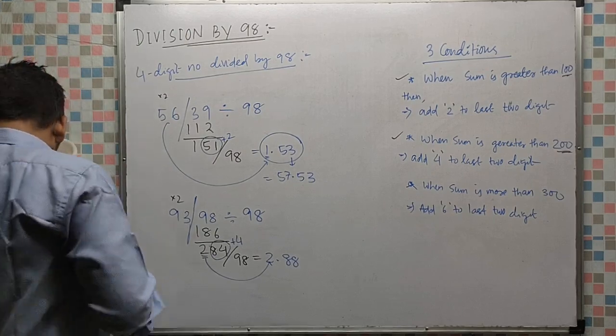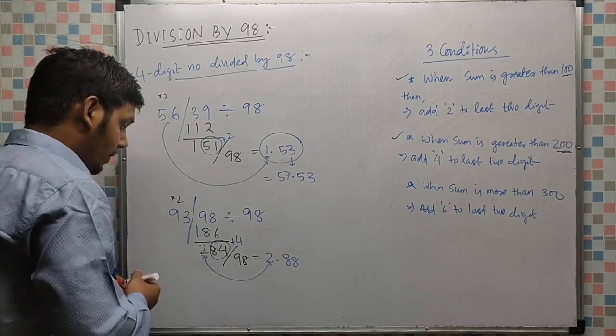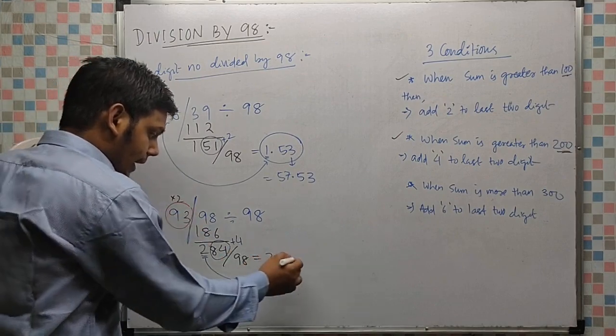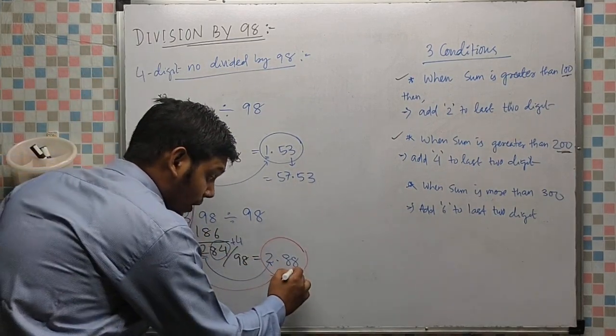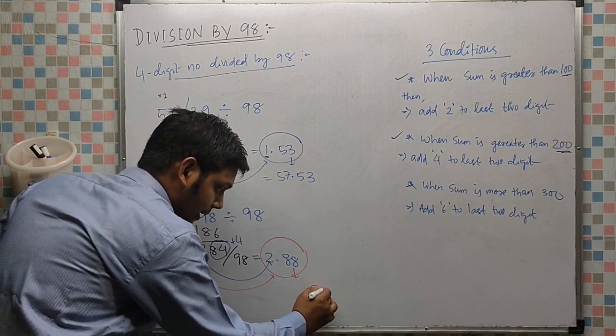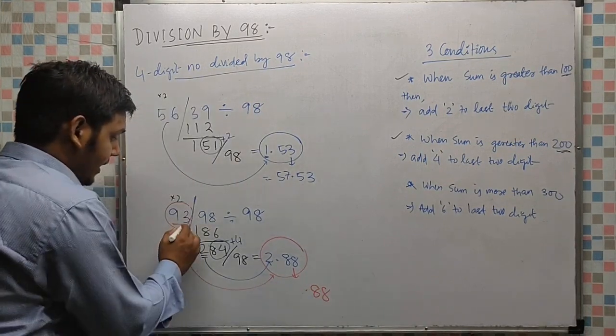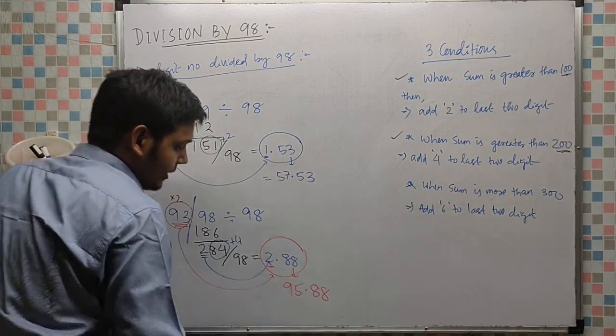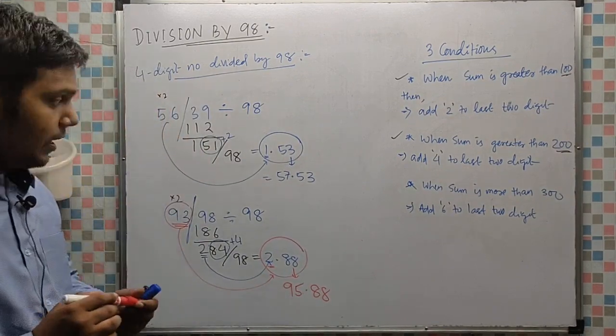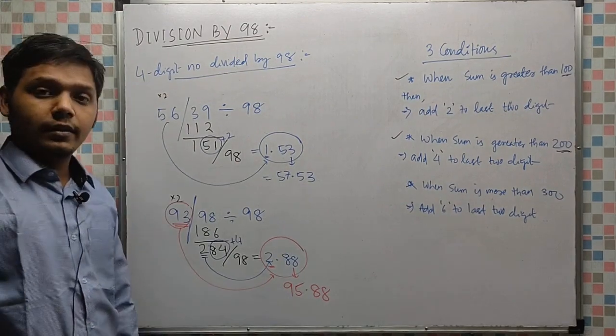Now what we have to do? We have to add. Which number we have to add? This is 93 and this 2.88. Clear? So 0.88 you have to write. Then this 93 plus 2, that is 95. Answer is 95.88.